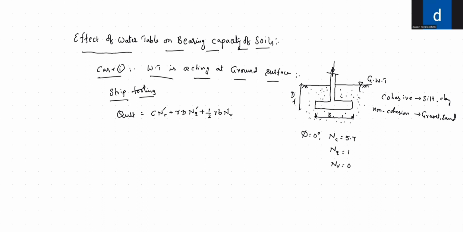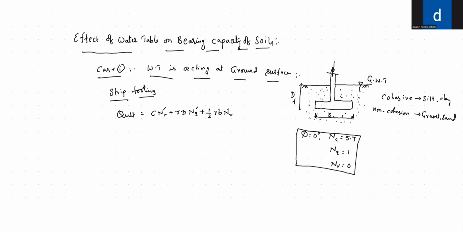These are the fundamentals for cohesive soils. Please remember them, because sometimes this data may not be given in the problem, and sometimes it may be given in the question.